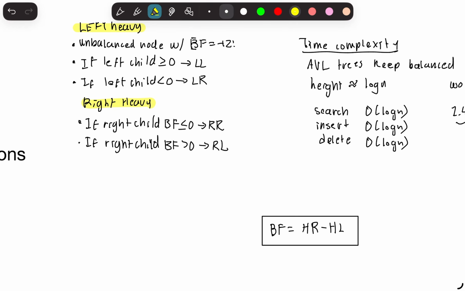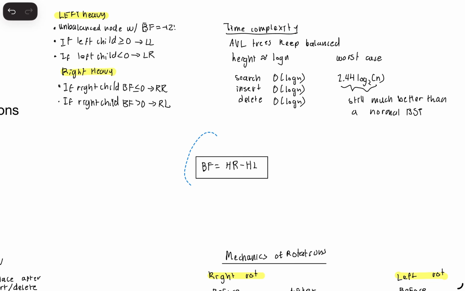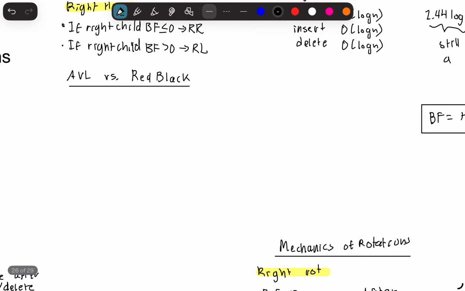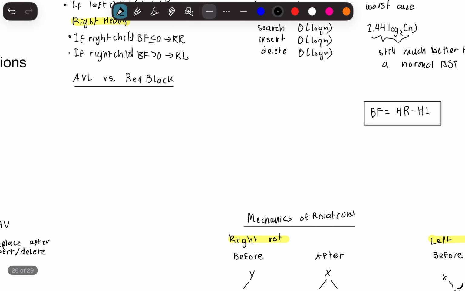Now, again, let's do a comparison between AVL versus red-black. If you cover this, usually data structures, AP CSA does not cover this, but data structures likely will.